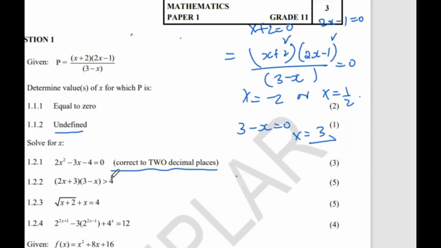Okay. Then for this case, remember we said inequalities. As long as your right-hand side is not a 0, is a number, you'll have to open the brackets. So how do we open? The following.